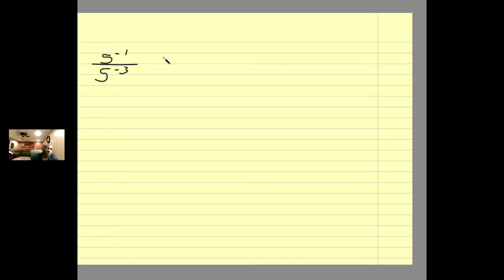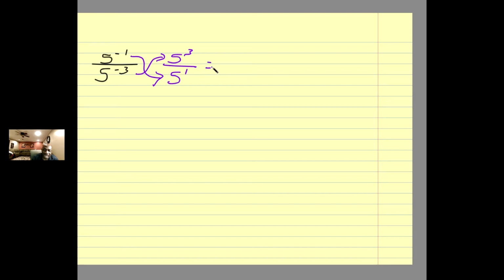There are 2 ways to do this problem. First of all, the easiest way for me, the way I like to do it, I like to move the location of these negative exponents. Whenever you move it to the opposite location, it becomes positive. So if I take that 5 to the negative third and put it in my numerator, it becomes positive. If I take this negative 1 and put it in my denominator, it becomes positive.